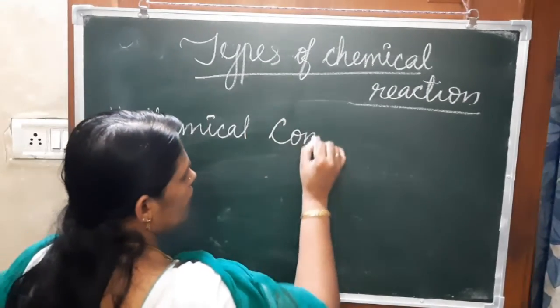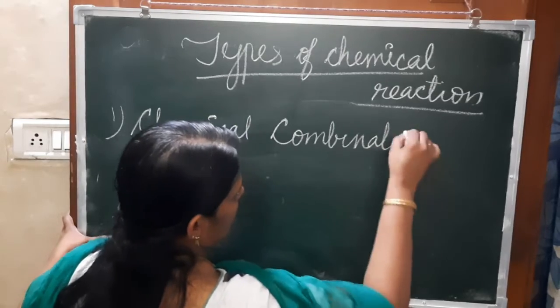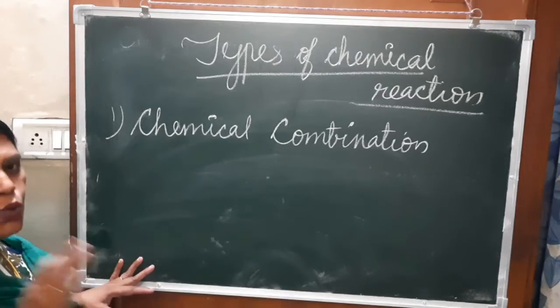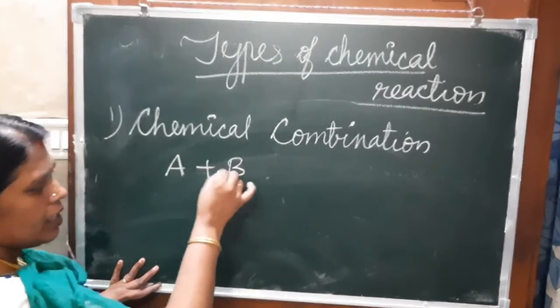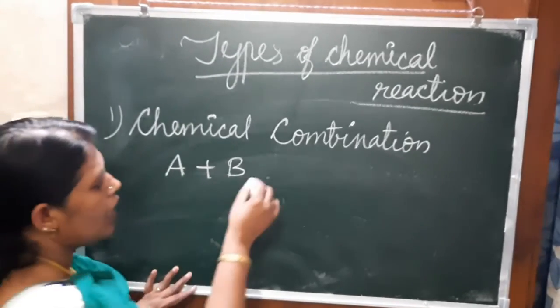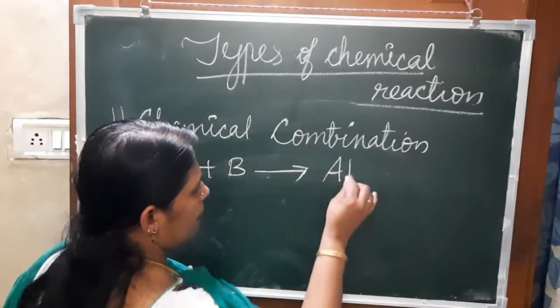Chemical combination reaction. In this, children, you see two components, two reactants, A plus B. They undergo reaction and form one product, AB.